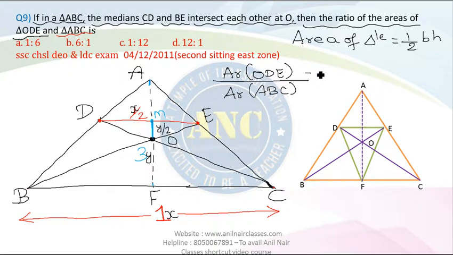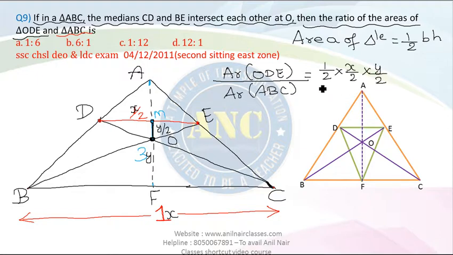Now, area of triangle ODE is half into base. Base is nothing but DE, and DE value is x by 2. Half into x by 2 into height. What is the height of the triangle? Height of the triangle is nothing but y by 2. That is the reason I calculated it well in advance.